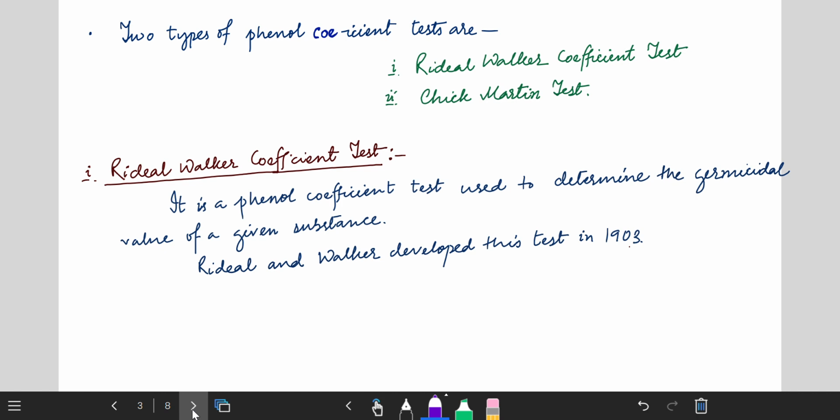Okay, so two types of phenol coefficient tests are performed: the Rideal-Walker coefficient test and the Chick-Martin test.